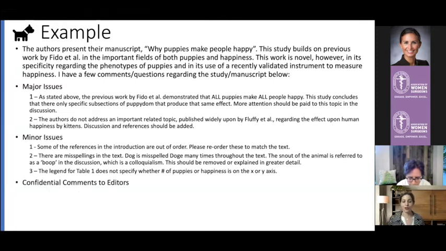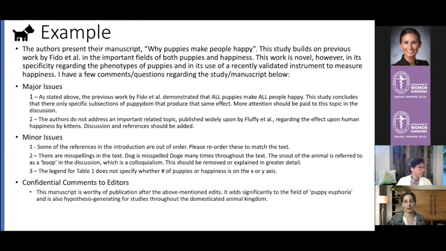Your confidential comments to the editors are where you're going to make that recommendation. So you can overall just say, because you know you've got that click box coming, this manuscript is worthy of publication after the above mentioned edits. It adds significantly to the field of puppy euphoria and is also hypothesis generating for studies throughout the domesticated animal kingdom. And then ultimately for a review like this, I think a fair recommendation would be minor revision.